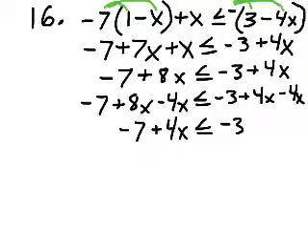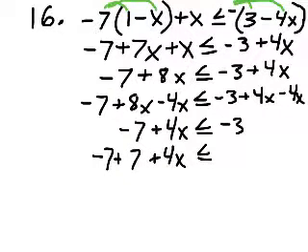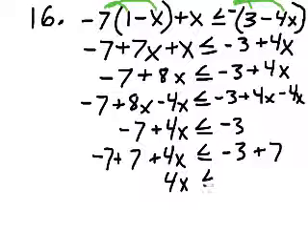Okay, so now we're going to get that negative 7 out of there before we do anything else. So to do that, we'll add a 7 to both sides. Negative 7 plus 4x is less or equal to negative 3 plus 7. So now we end up with 4x is less or equal to 4.